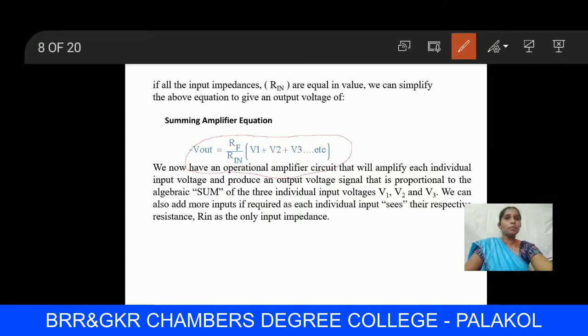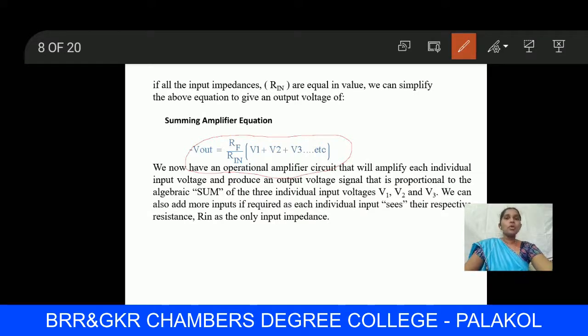It is a very important equation, and the derivation is very easy. Now this is an operational amplifier circuit that will amplify each individual input voltage and produce an output voltage signal that is proportional to the algebraic sum of the three individual input voltages, that is V1, V2 and V3.